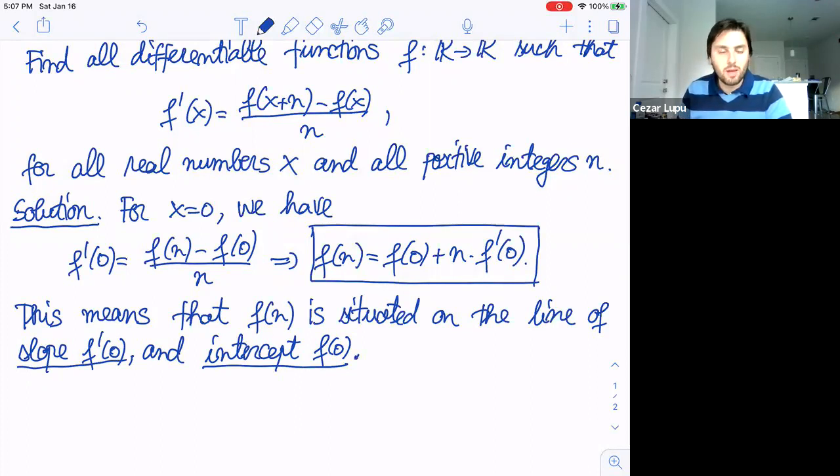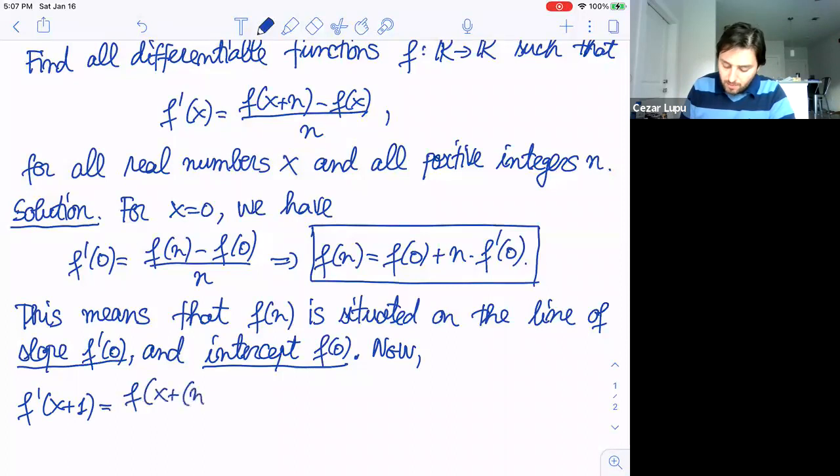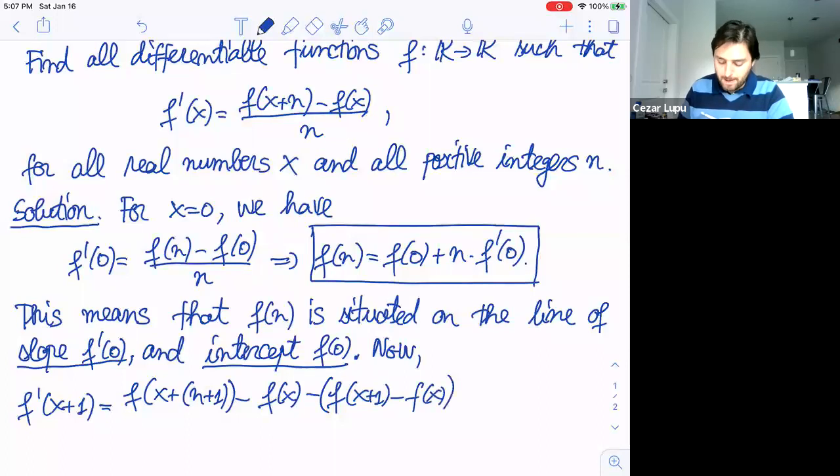Now let's see what happens if instead of x, we plug in x plus 1. So now we have that f prime of x plus 1 is f of x plus n plus 1 minus f of x plus 1, everything over n.